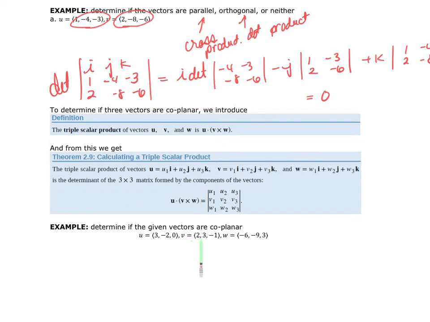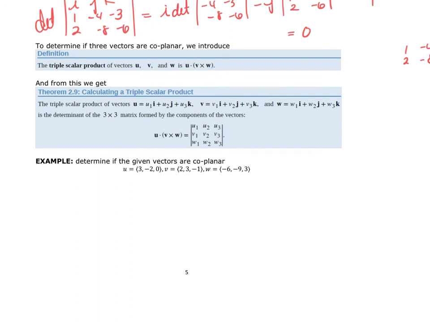I want to know if all of these are on the same plane. I don't care what the angle is between them. I want to know if they're all on the same plane or not. And the way I do that is I use the triple scalar product. So 3, -2, 0, 2, 3, -1, -6, -9, and 3.